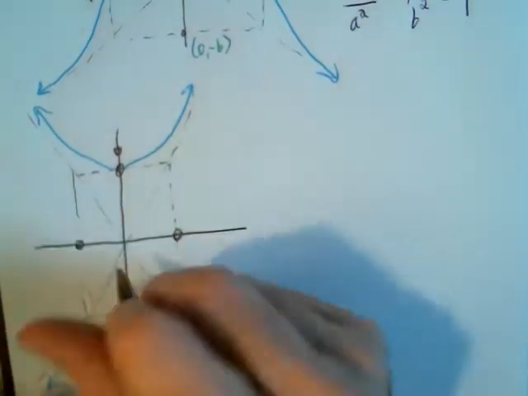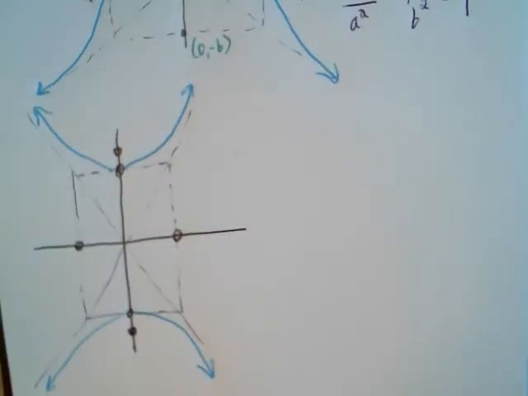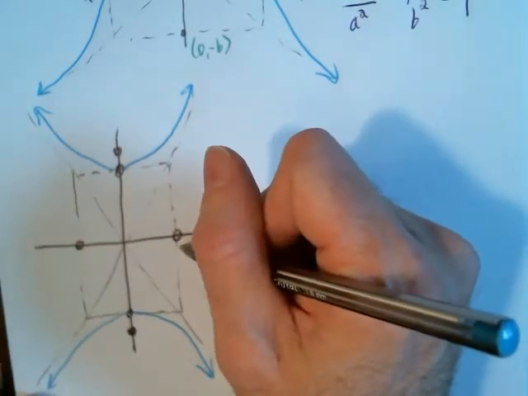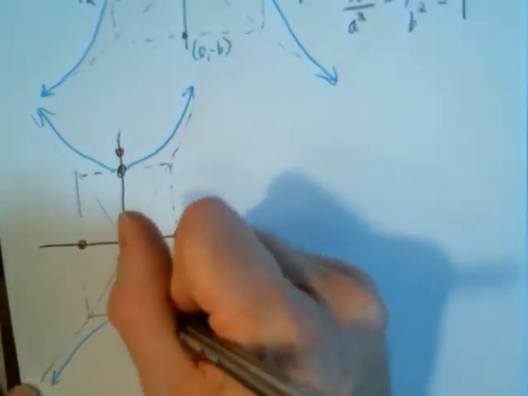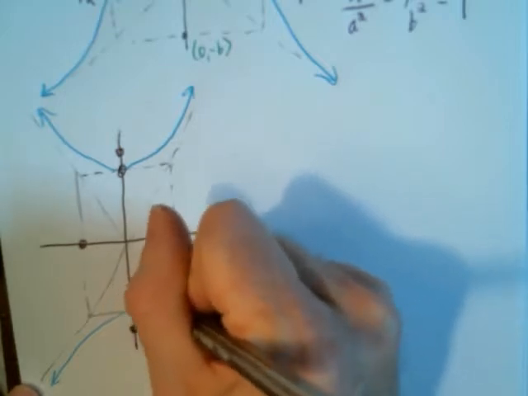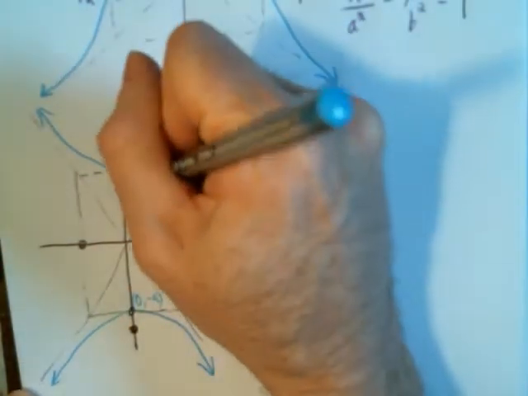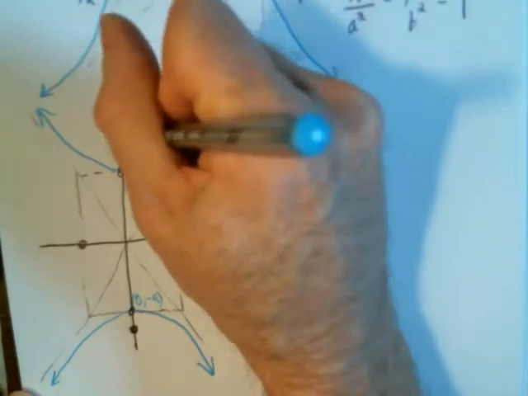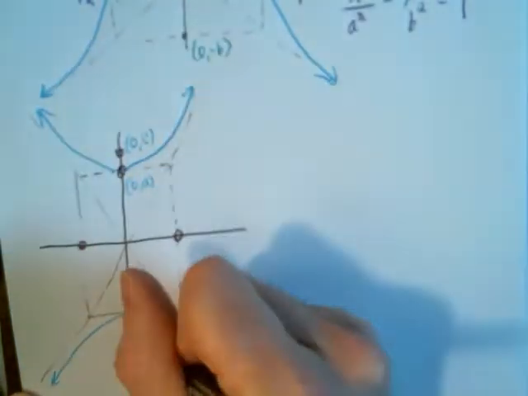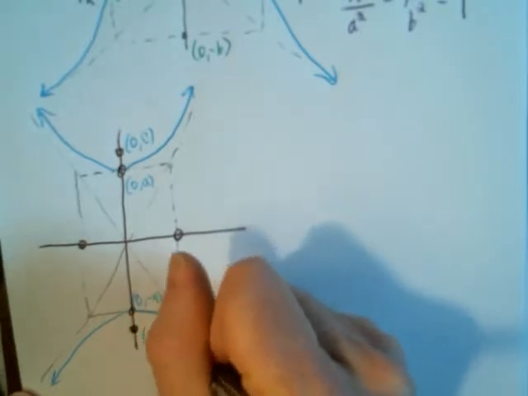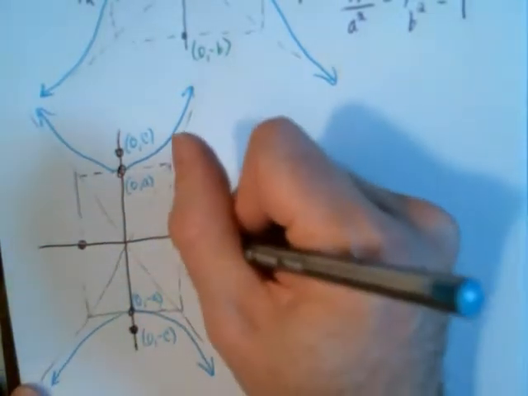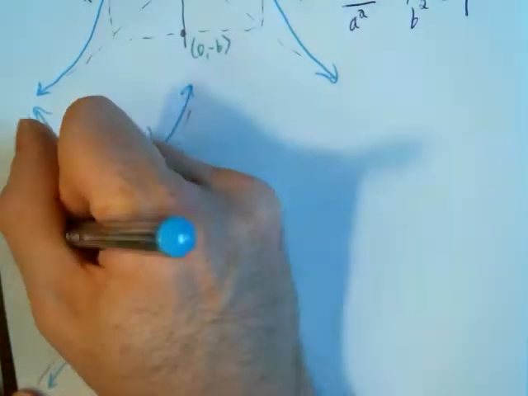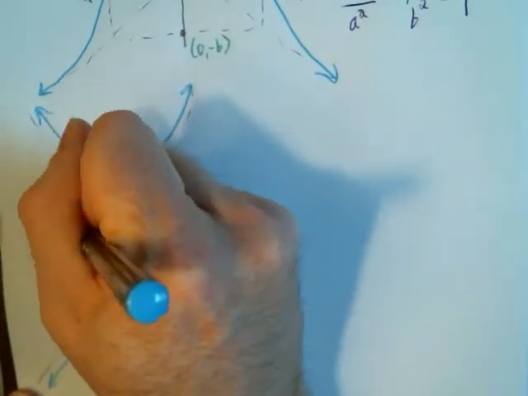So now the points, instead of (a, 0), it's going to be (0, a) and (0, negative a). And then, of course, (0, c) and (0, negative c) for the foci. And then the side points here will be at (b, 0) and (negative b, 0).